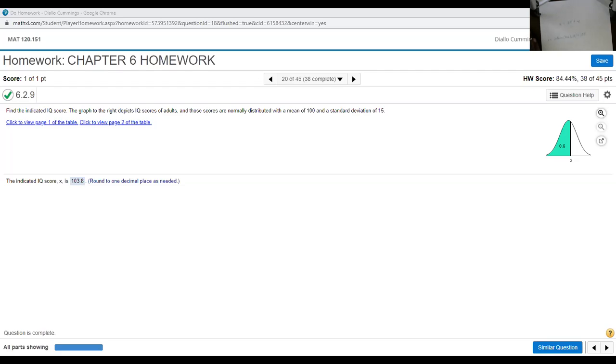And we're going to look at the normal approximation to a binomial distribution. All right, so this is the normal distribution as an approximation to a binomial distribution. And there's just two conditions in order for you to be able to take a normal distribution and approximate it as a binomial distribution.